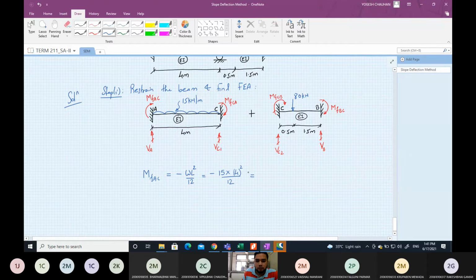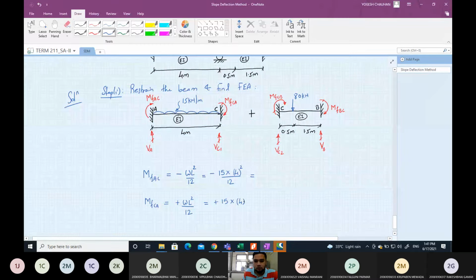How much is this? Someone calculate this. And MF CA would be plus WL square by 12, that means plus 15 into 4 square by 12.